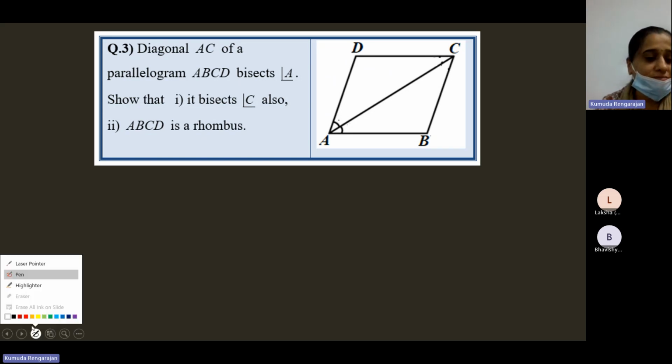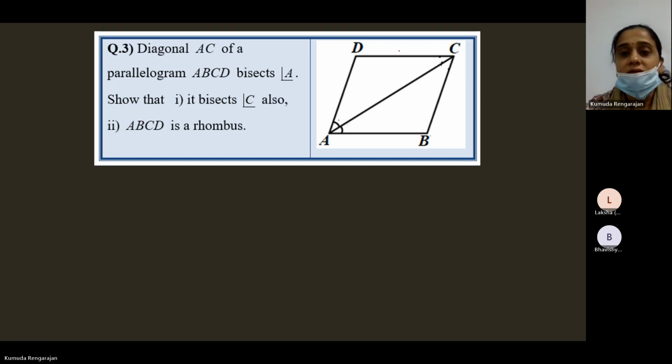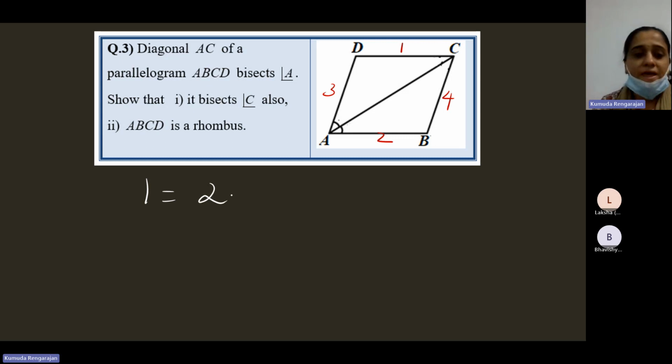Okay, 1 minute. Is side 1 equal to side 2? Is side 3 equal to side 4? Why? Because it's a parallelogram. Opposite sides equal.